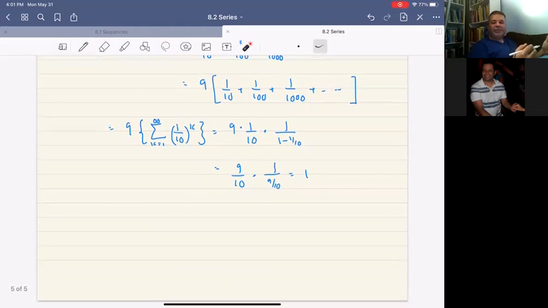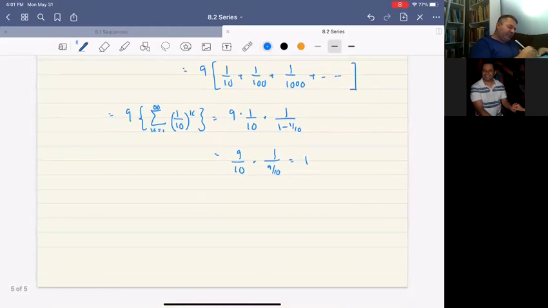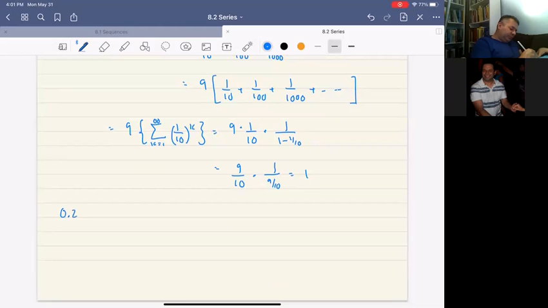Okay, let's try another one. Let's try that other one we were going to do, 0.27. Okay, that means we have 2727, 2727 repeating, right?